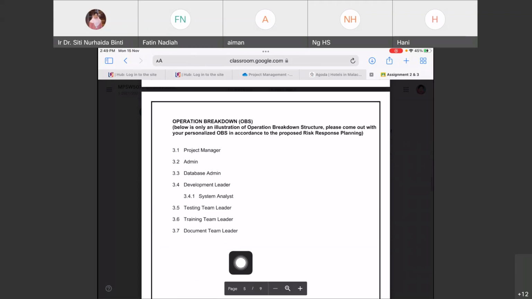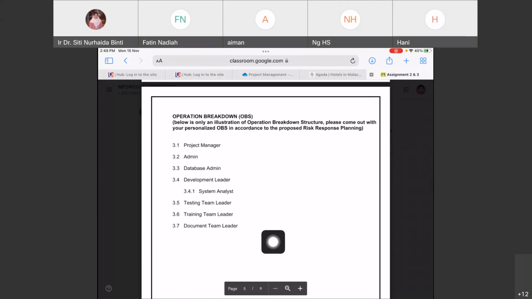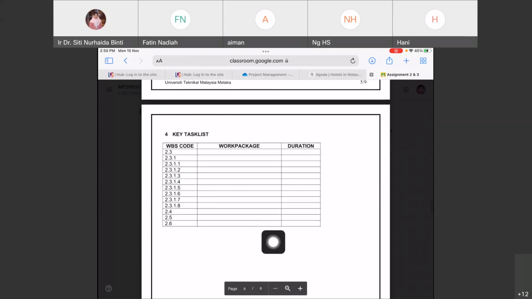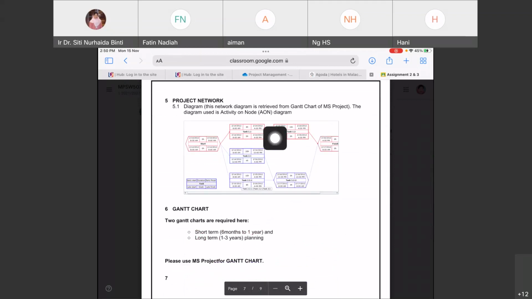And now we have OBS. OBS is basically the people assigned to do these activities. There must be some people accountable to complete the risk response planning. The key task list and the project network, all this you can get from the Gantt chart using Microsoft Project.